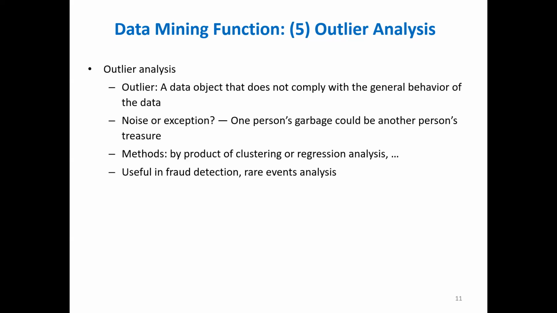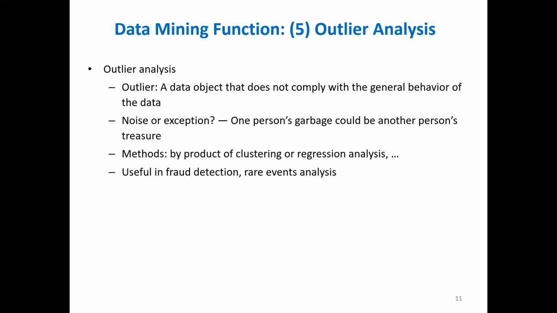These are mistakes made by persons, and this type of mistake is called either noise or exception. We have to handle this noise and these exceptions because they very much affect the result of the analysis.